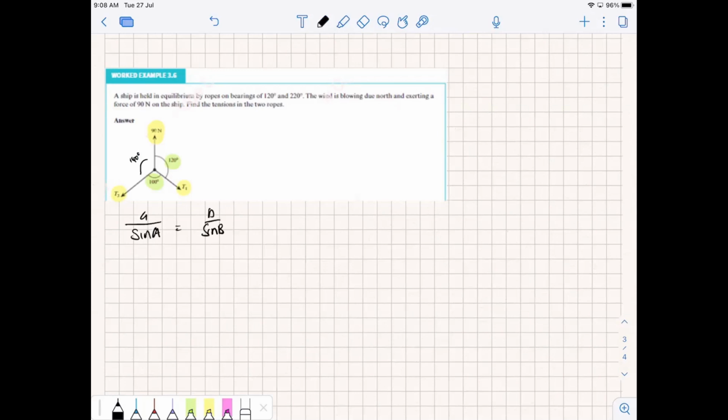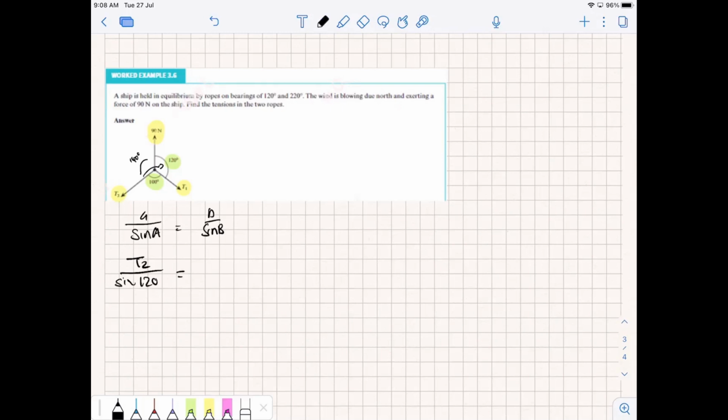So let's find the angles. Let's start with T2. We want to find T2, and it's over sine of 120, right? Because it's the angle opposite from T2.